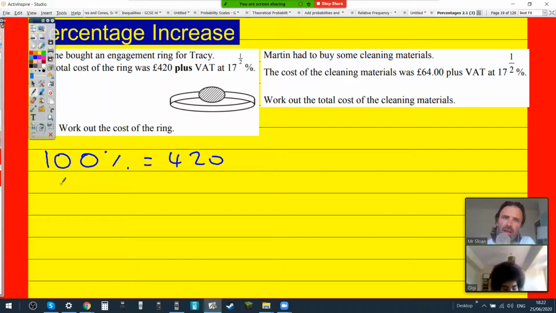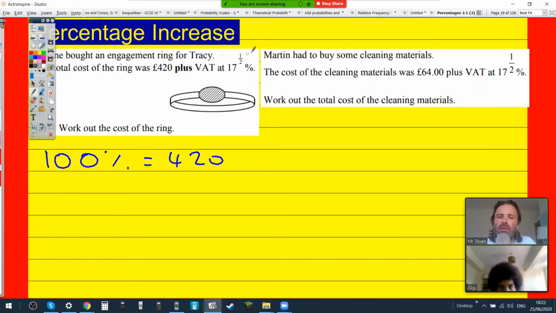Oh yeah, that's what I got wrong. Multiplying by 7 is difficult, and to get 0.5%, did you half 1%? Yeah. So that'd be £2.10.